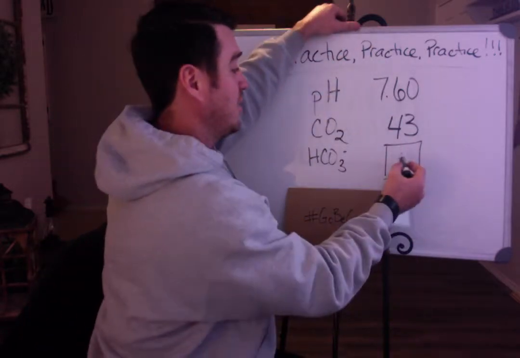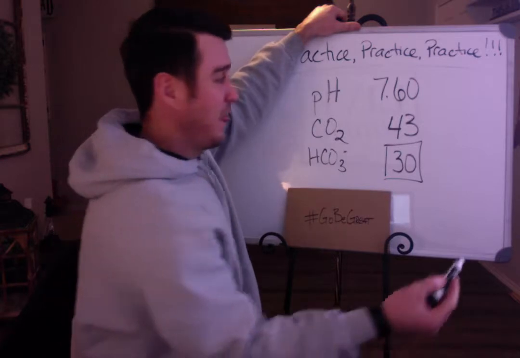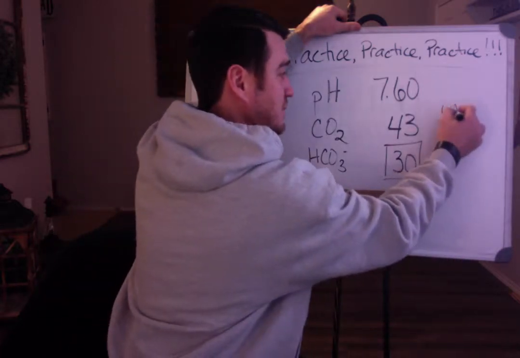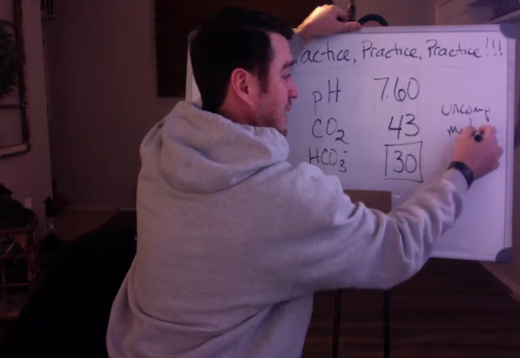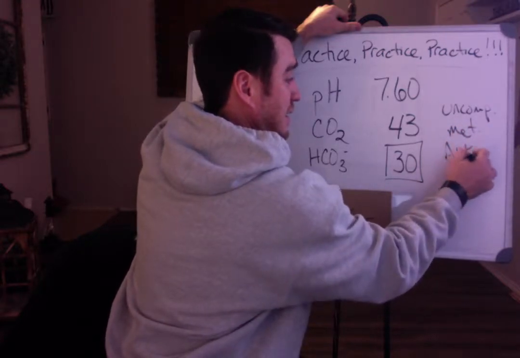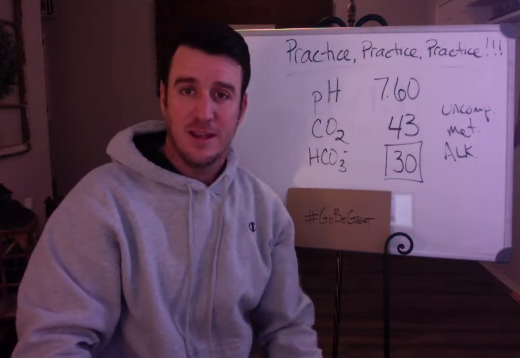So your bicarb has to be up. Let's just go with 30, okay? So this would be an uncompensated metabolic alkalosis, right? You see how this works?